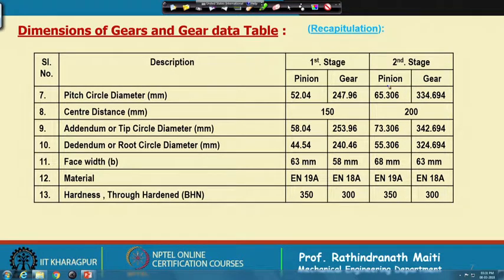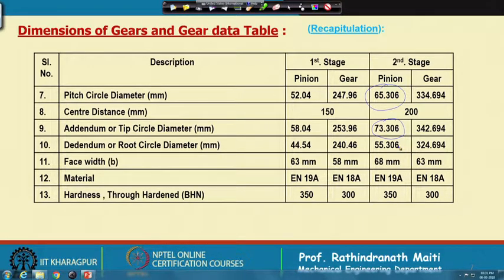We will need this one, the pinion, this is the pitch circle diameter, and this center distance already is there. We need to have the tip circle diameter. Root circle diameter is not given on the drawing, because this gear data is to be provided with the detailed drawing of the gear or pinion.